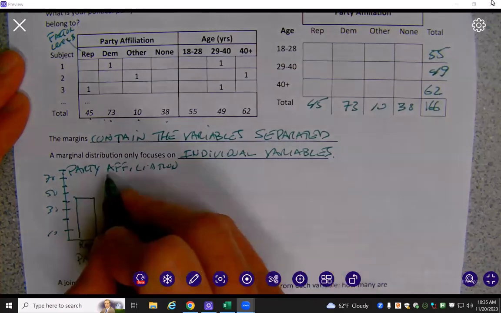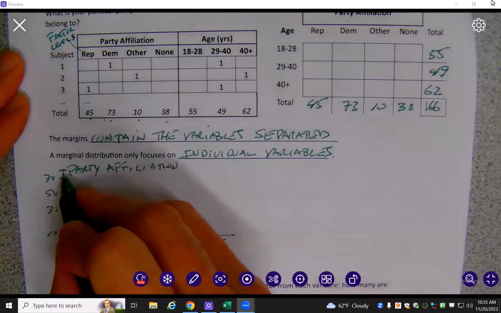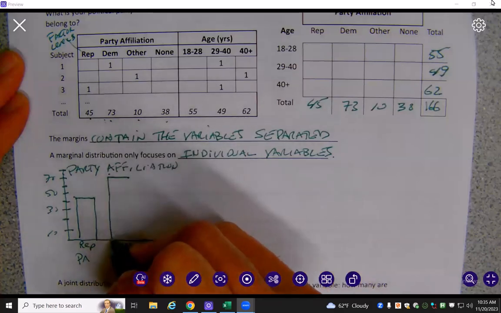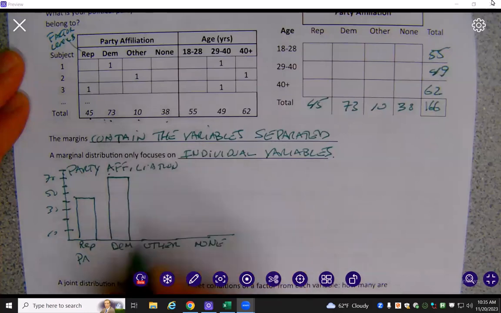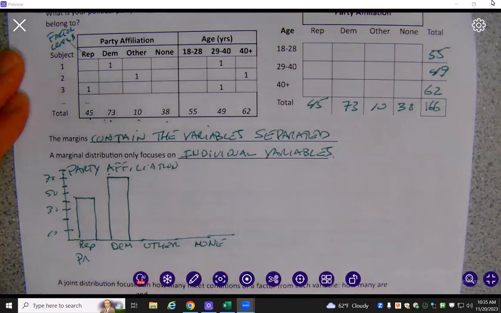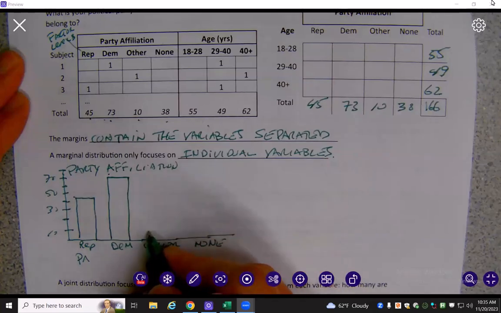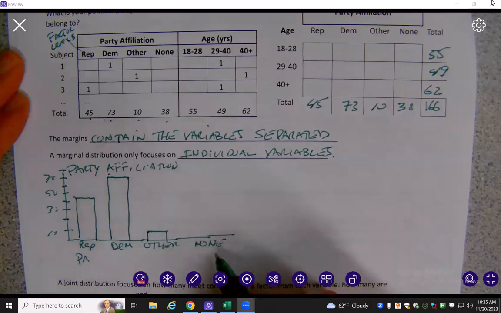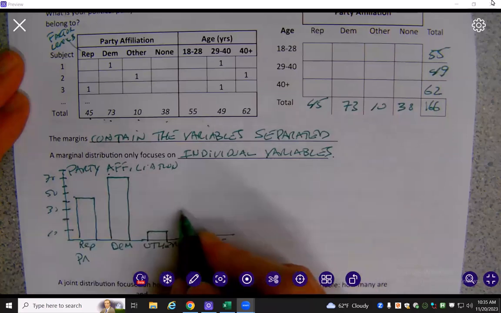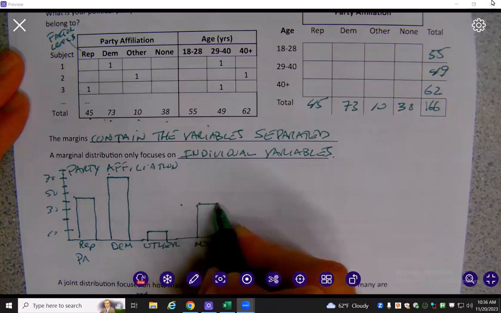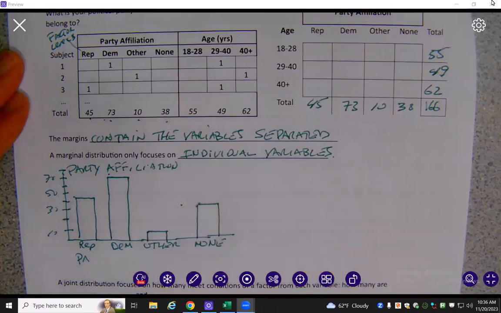Democrats, there was 73. So a little higher up, 70 is right here. So 73 is right about here somewhere. And I'm doing my best to make the width of these things exactly the same or close to it. Looks like other, there were only 10. And none, there were 38. And there you go. There is the party affiliation.